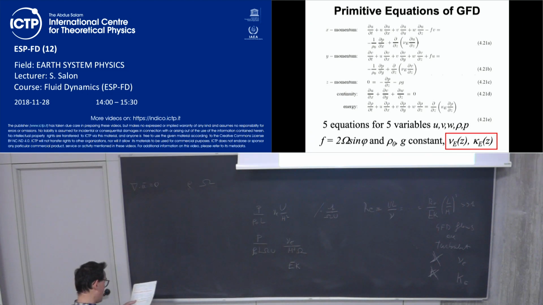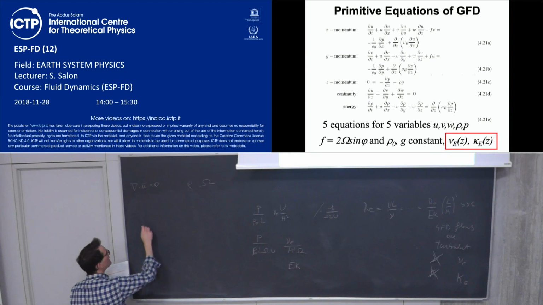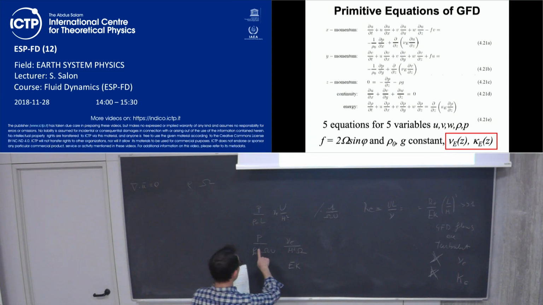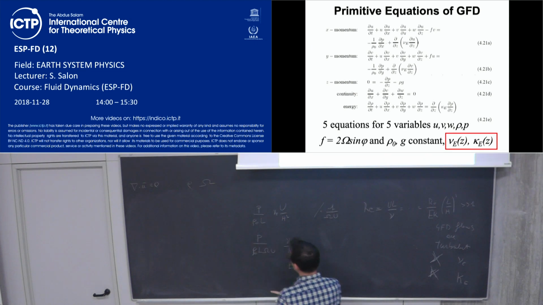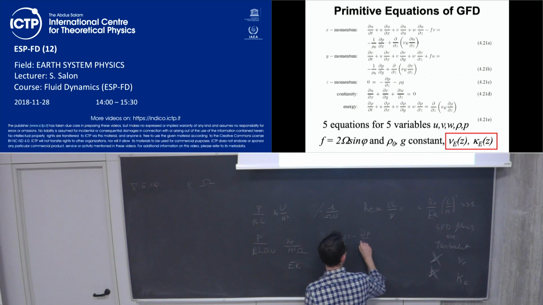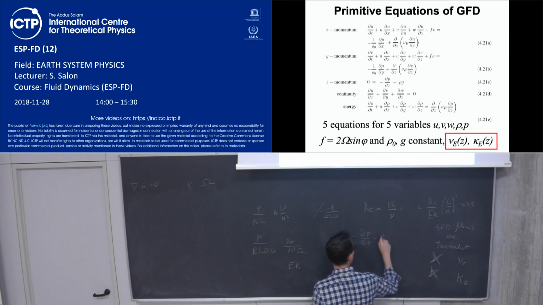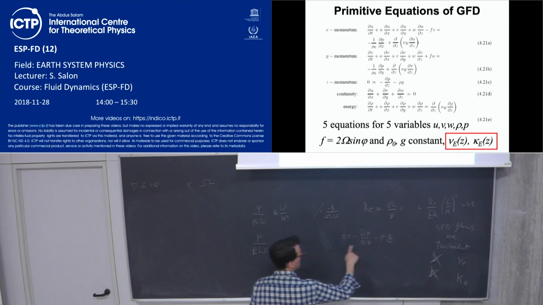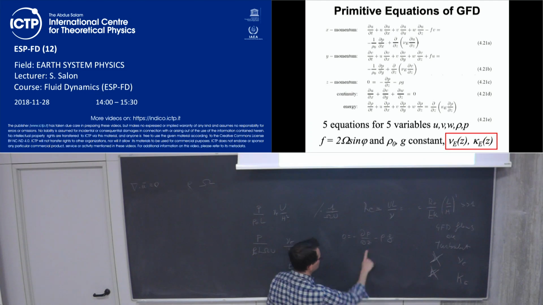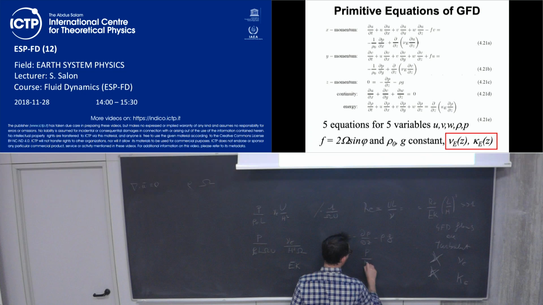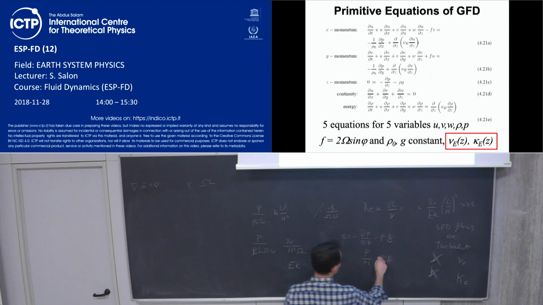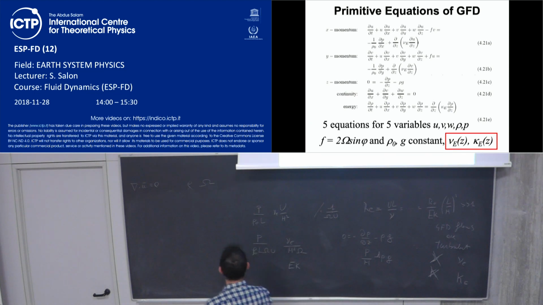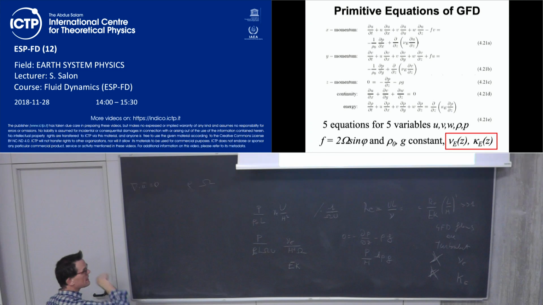We have the pressure expressed like that in our x and y components of the momentum, and then we have the z momentum, which is this one, where 0 equals the vertical pressure balance. This scales as P over H and rho g, or delta rho as well.